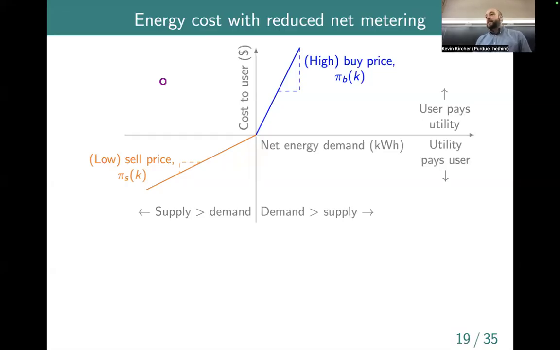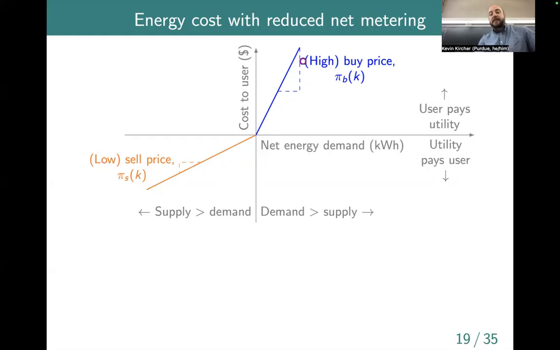And the way that worked in the early days was if you put solar on your roof, your meter would basically just run backwards during the times when you were producing electricity rather than consuming it. And so there was kind of a one-to-one ratio between the electricity that you exported to the grid and the electricity that you imported to your building. So in that case, there would just be one price, and it would be the same whether you are producing down here or consuming up here.